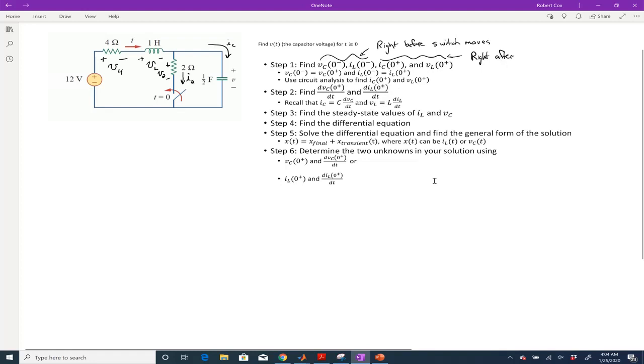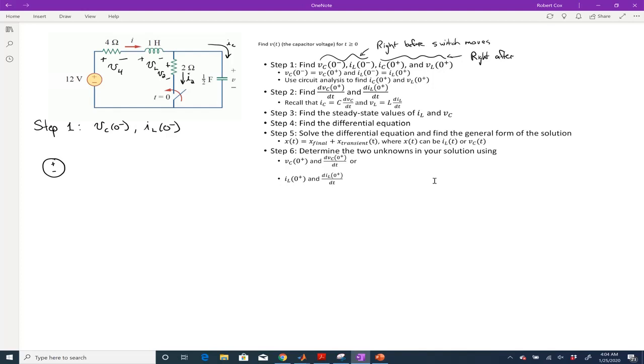All right, so let's do that. Let's do step 1. And let's start with the before the switch moves stuff. So we'll do V sub c of 0 minus and I sub L of 0 minus, okay? So let's draw the circuit in that condition. Well, remember, our basic assumption here is going to be that the circuit has been in steady state for a long time.